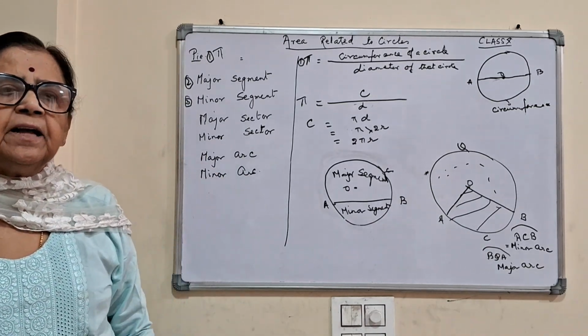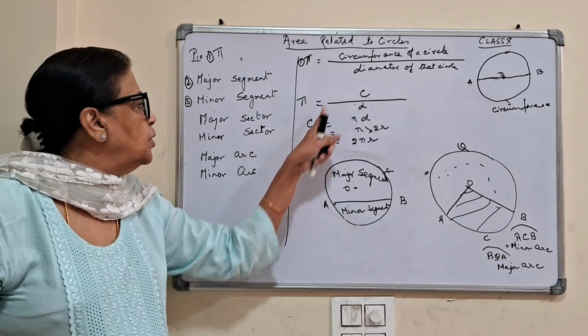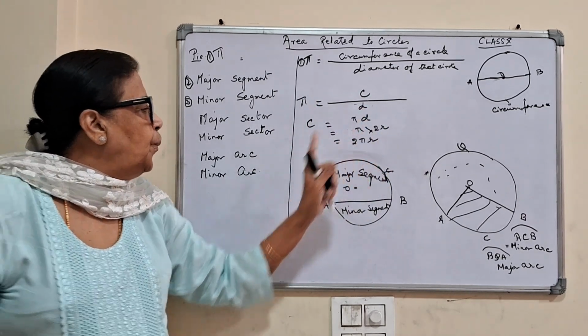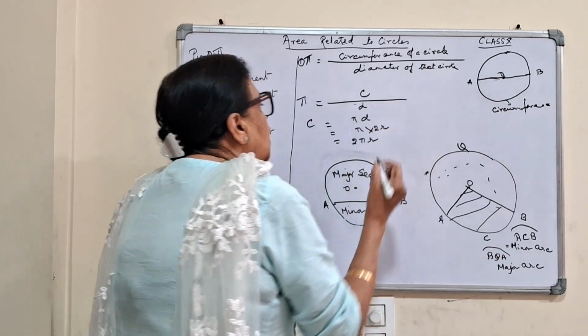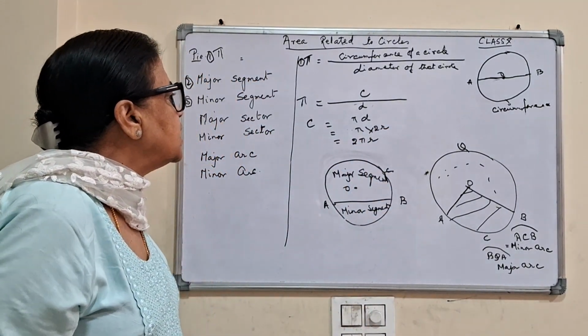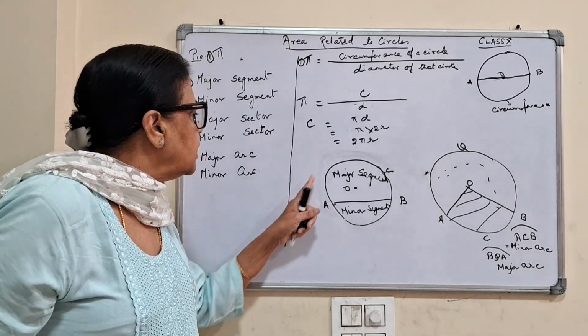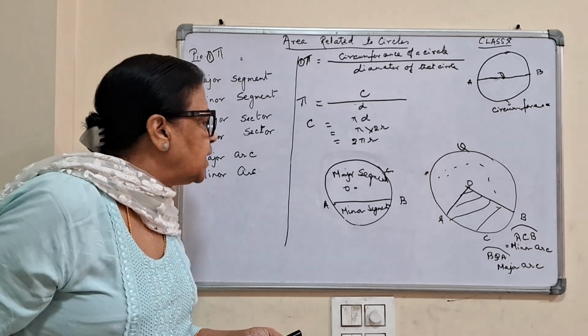So that means I have done pi today. Pi is circumference divided by diameter. That is, C is equal to pi d, that is equal to 2 pi r, where d is twice r. And then another thing, minor segment and major segment.